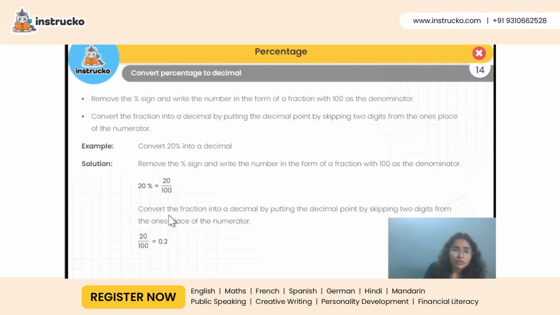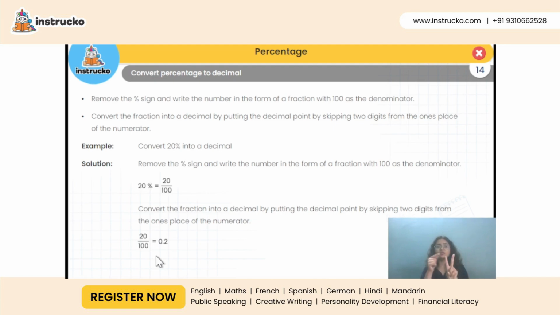Next, we convert the fraction into decimal by putting the decimal point, skipping 2 digits from the ones place of the numerator. So you just divide the number, put the decimal point in the right place, and you have your percentage in decimal form. So two very quick steps.